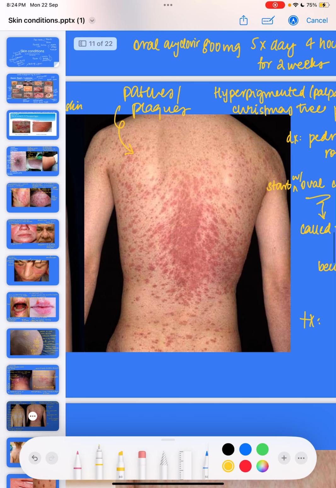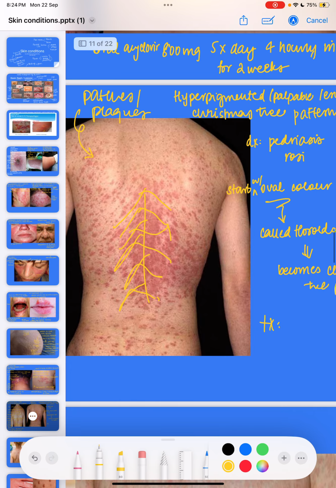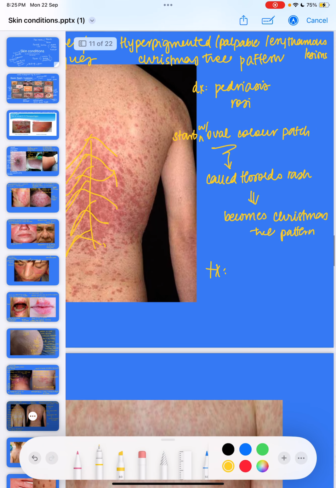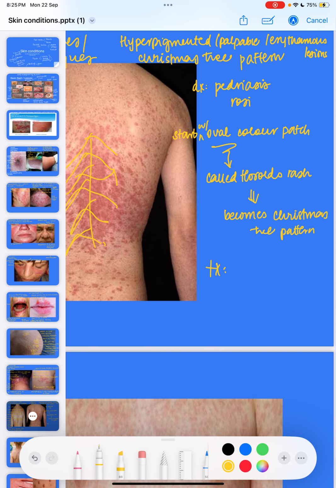So this is like a Christmas tree appearance, right? I should have done this in green. These are patches, because some are flat, some are raised. It's erythematous, it's hyperpigmented, it's palpable, and the diagnosis is pityriasis rosea, right?